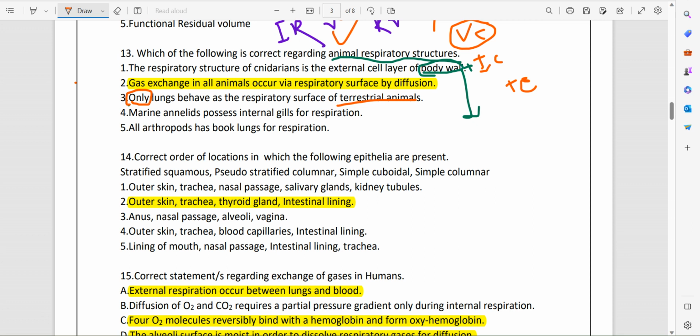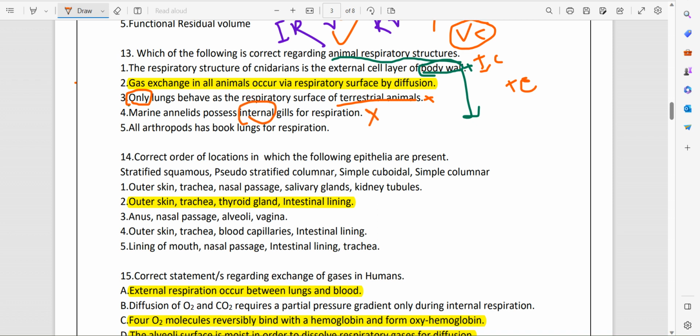That's the point where this goes wrong. Even insects are also considered, I don't know whether they are considered as terrestrial. The best point would be considering amphibians, which have both lungs and skin used for respiration, not just lungs. And the fourth one is wrong because marine annelids possess external gills, not internal gills.